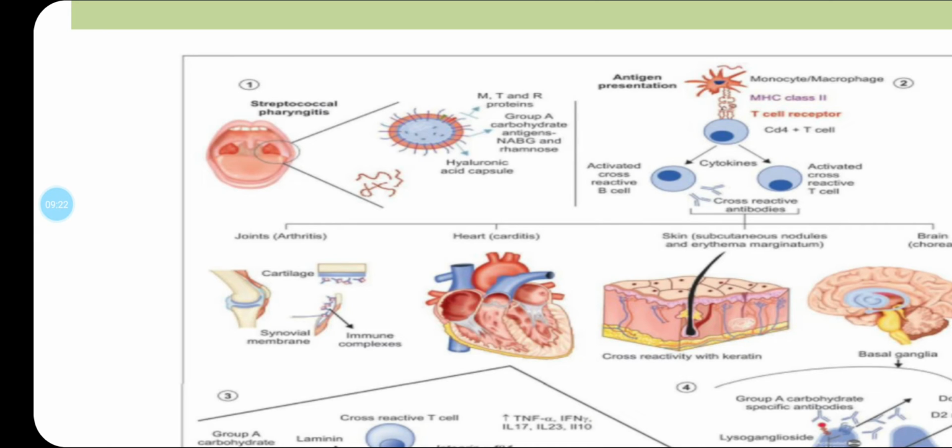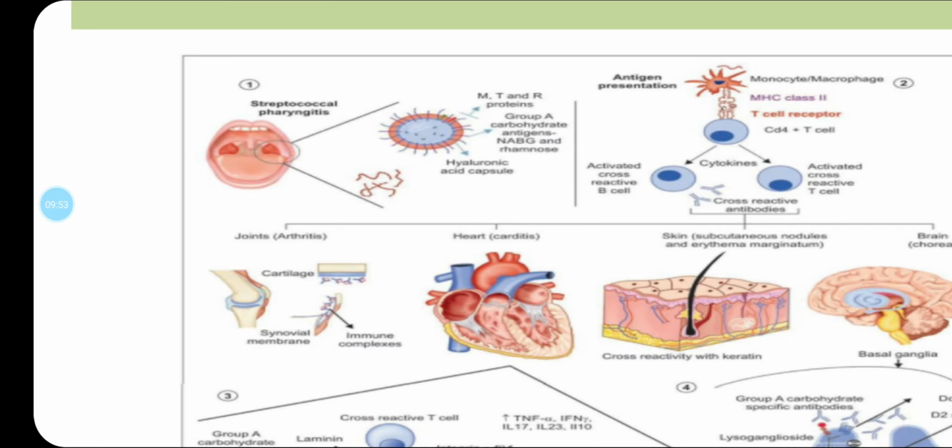These antigens are very similar to the antigens present in the joints, in the heart, in the skin and in the brain. So all of these sites are attacked by these antibodies and CD4 T cells and produce inflammation. That's why it is called a multi-systemic inflammatory disease.